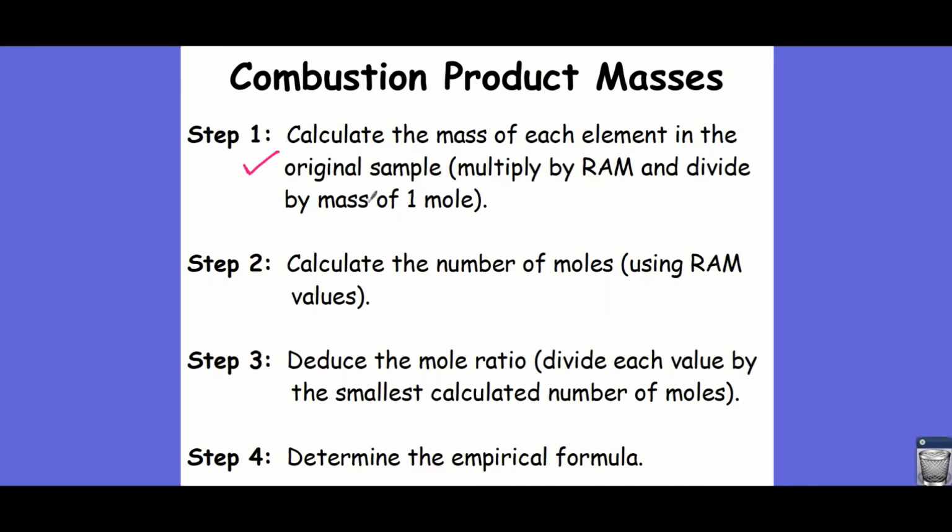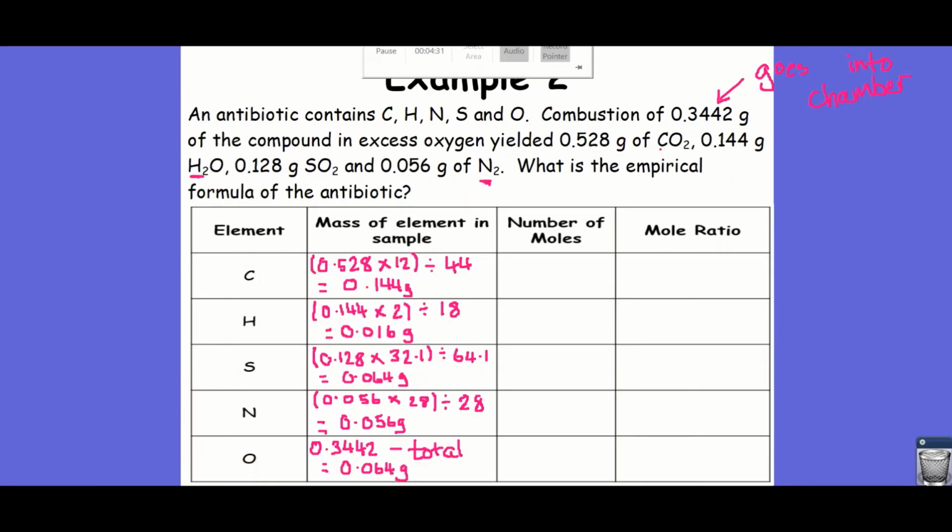That is really the big difference here. The rest of the steps more or less follow the same as the previous method. So you're going to calculate the number of moles using relative atomic mass values. So for this top one, we're just going to divide by 12, and that gives you 0.012. Divide by 1. So it's this value here we're dividing by. 0.016.